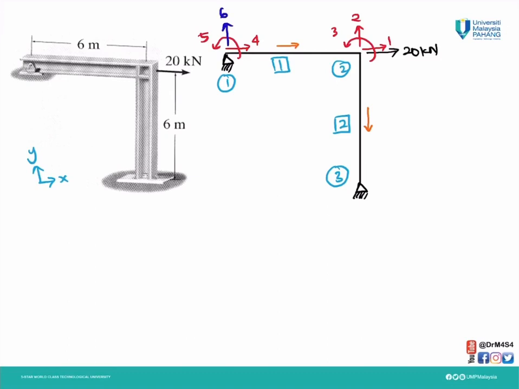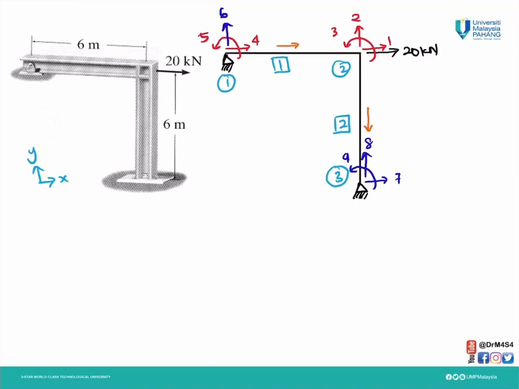Then go to node number 3: horizontal 7, 8, 9. So we're done numbering the known and unknown displacements.